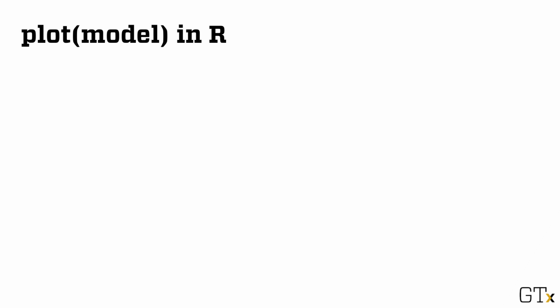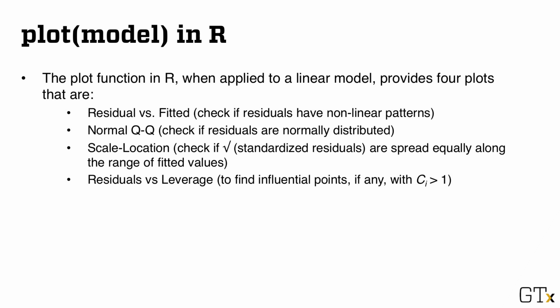So, how do we use the built-in functions in R to help us understand these kinds of problems? In R we have the plot function, which can be used after every regression model is fitted, and it comes with 4 built-in plots: the residuals versus fitted that we have talked about, the normal QQ plot, and 2 other plots, the scale-location plot and the residuals versus leverage plot.